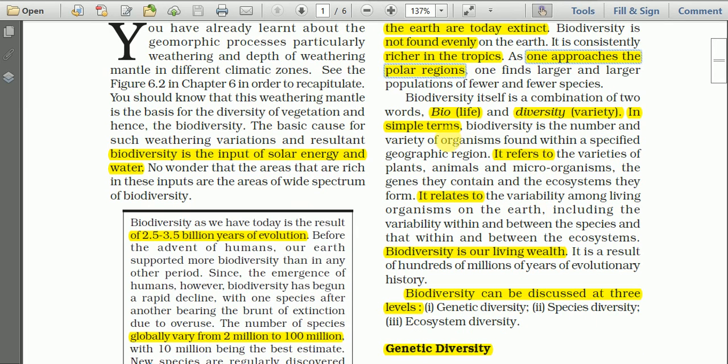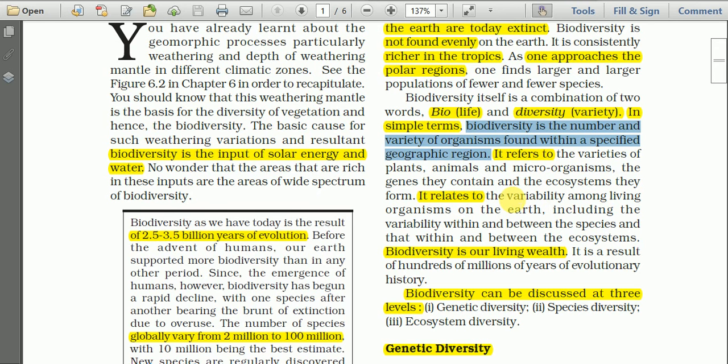And so biodiversity itself is a combination of two words: bio means life, diversity means variety. The literal meaning. So in simple terms, biodiversity is the number and variety of organisms found within a specified geographic region.